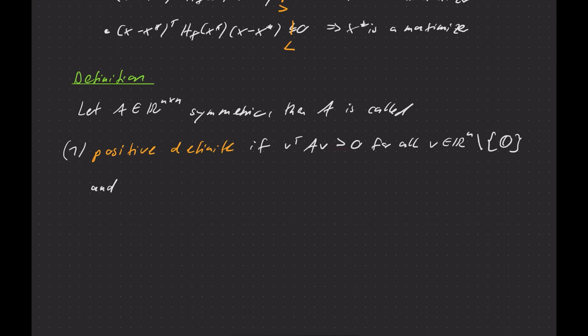Okay, so it's called positive semi-definite if V transposed AV is greater or equal to 0 for all V in R to the n, with the exception of the 0 vector.